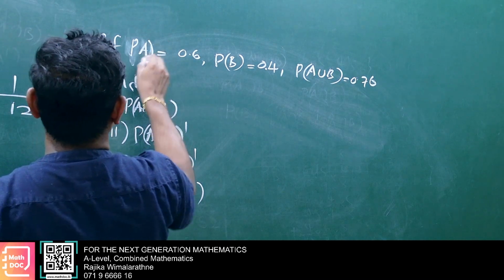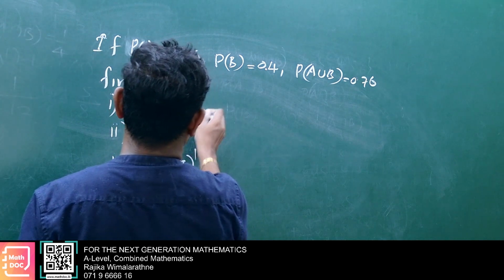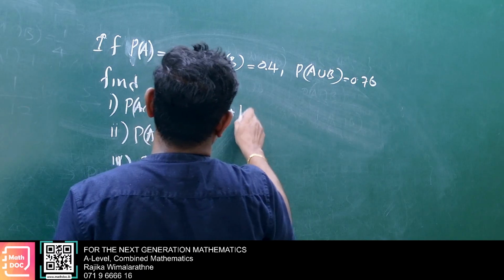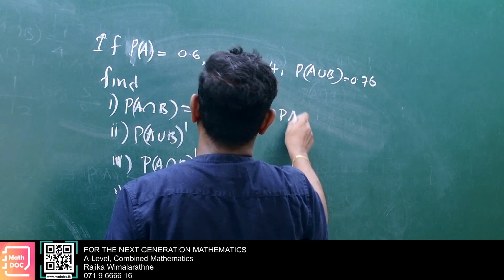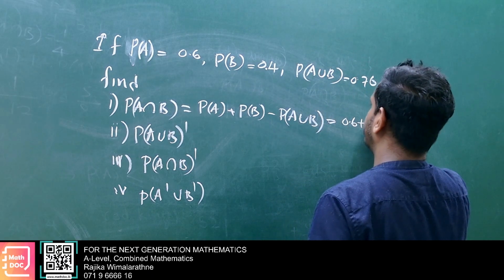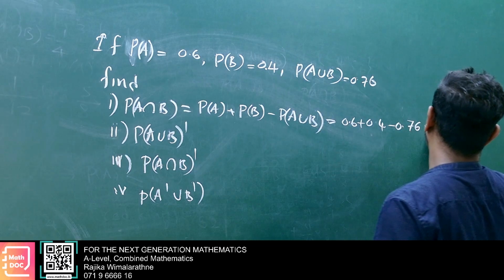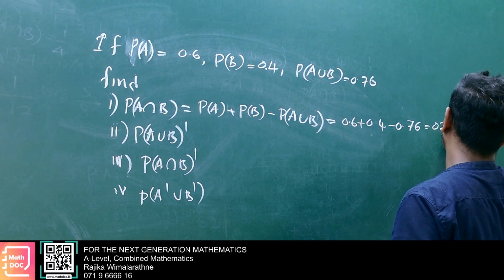Here P(A) is 0.6. Okay, here P(A) plus P(B) minus P(A union B): 0.6 plus 0.4 minus 0.76, here 0.24.